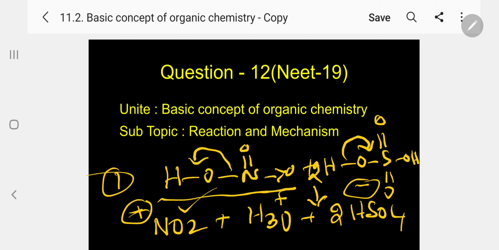This is called electrophilic substitution. Here I will give one important piece of information. Generally, aliphatic compounds undergo nucleophilic substitutions, whereas aromatic compounds generally undergo electrophilic substitution. The reason is that in the aromatic ring there are 3 double bonds.